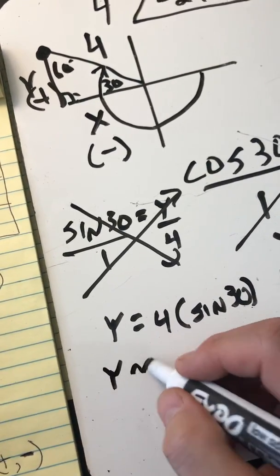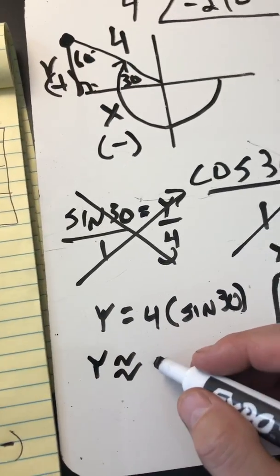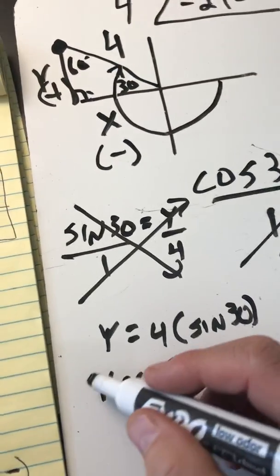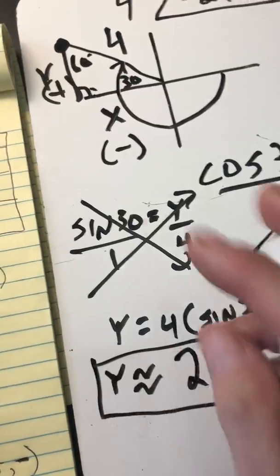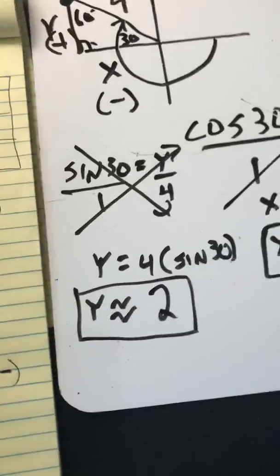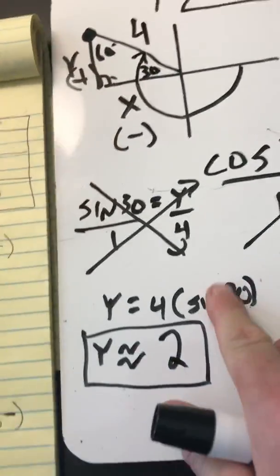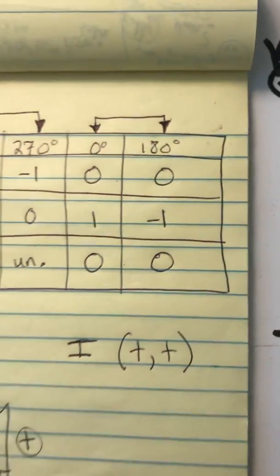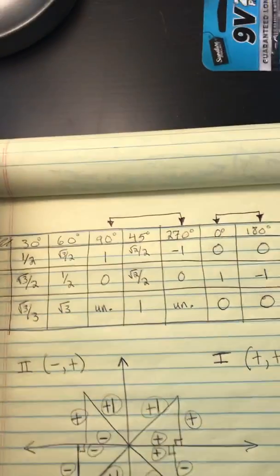If you plug that into your calculator, you get 2. Since that is going up in the second quadrant, it's positive 2. Makes sense because the sine of 30 is 1/2. Eventually, you'll memorize this wonderful chart in geometry class next year. It's just a beautiful work of art. The geometry chart, not my work.